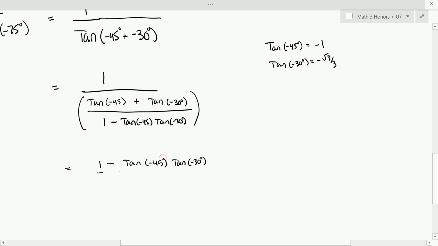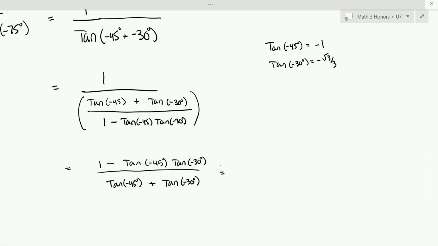Over tangent negative 45 plus the tangent of negative 30. And all I did is I flipped this fraction over to get it out of this complex fraction. And now I'm going to substitute in tangent negative 45 and tangent negative 30.